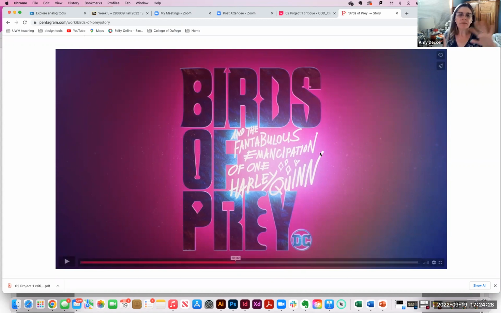So all of this, there's a diamond indicating Harley Quinn, right? Or indicating, I think it was what they were after, the diamond. All of these are hidden in the counters and in the space between letters. So it's a metaphor. It's showing us birds of prey.